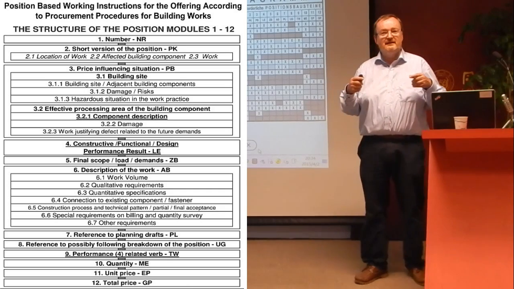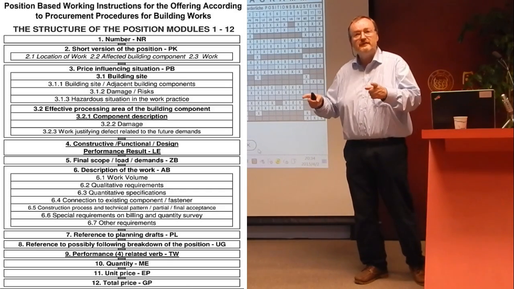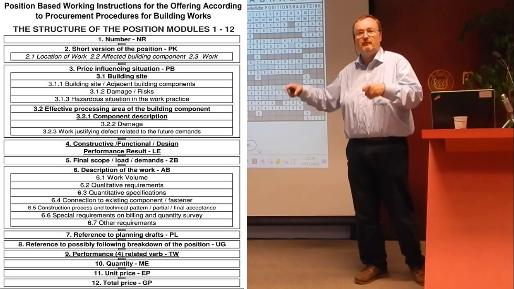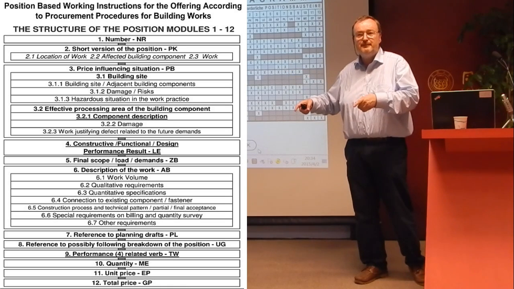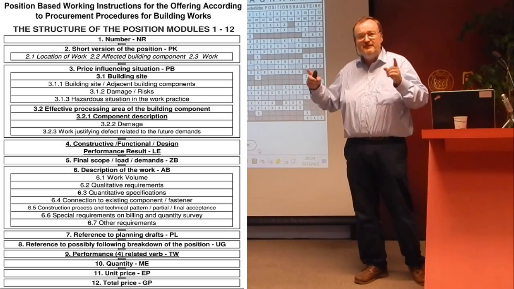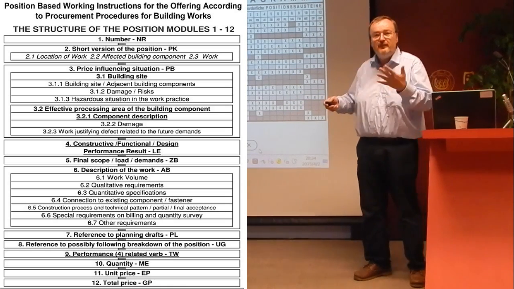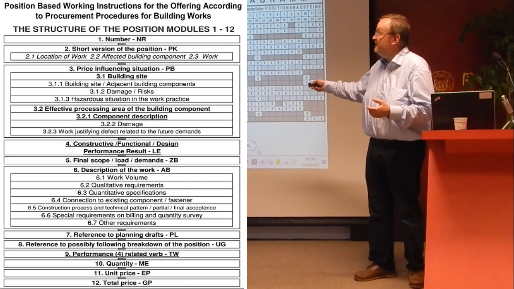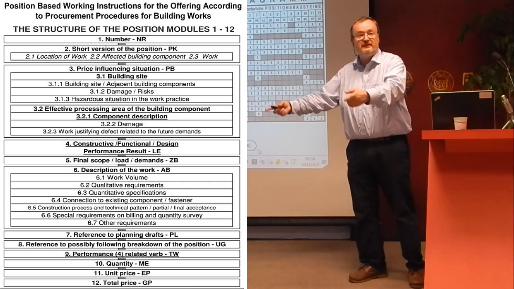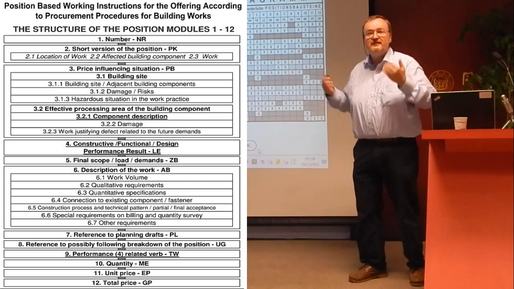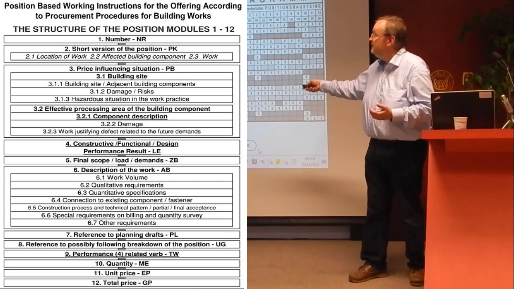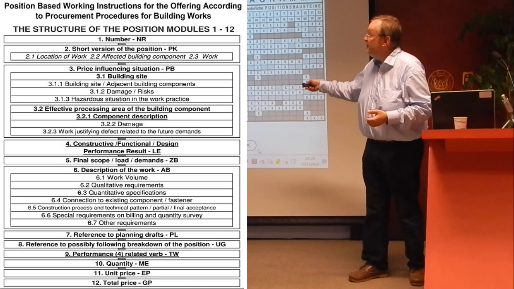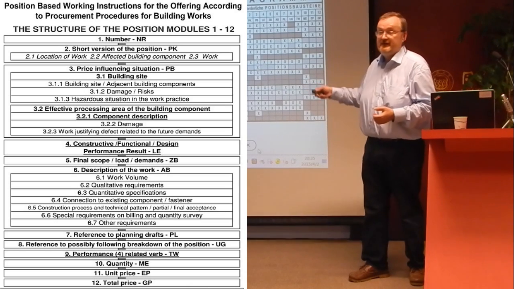And if we can say exactly what we want, they can say exactly what it's worth, what the price is. And this process needs information. It's a system based on positions for working instructions, and we must give it to the firms while getting their price. It is an offering according to the procurement procedure for building works.